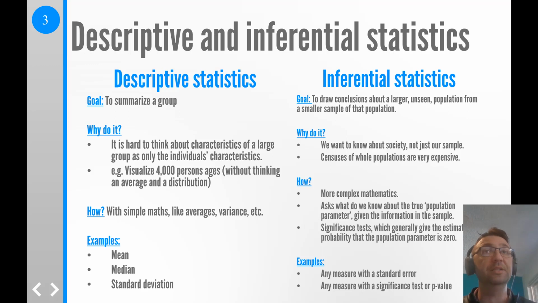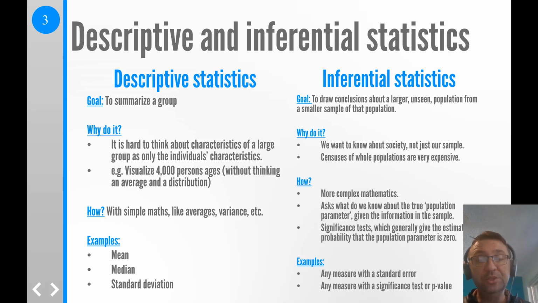And if you've got a mean and a standard deviation, then you know that about 95% of people within a group will lie within 2 standard deviations above and 2 standard deviations below that mean, assuming it's normally distributed. So that's the point of descriptive statistics. It allows us to summarize and simplify groups.